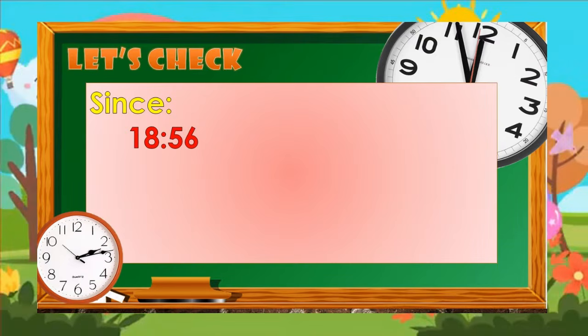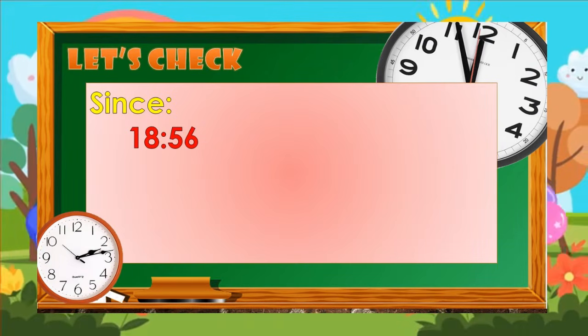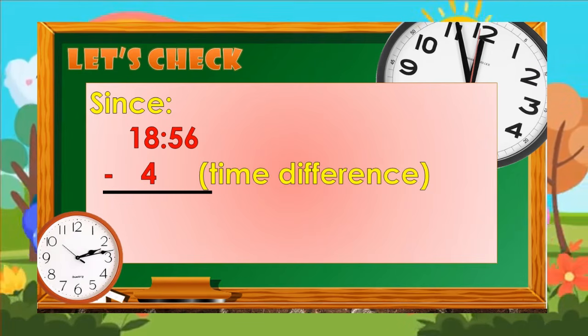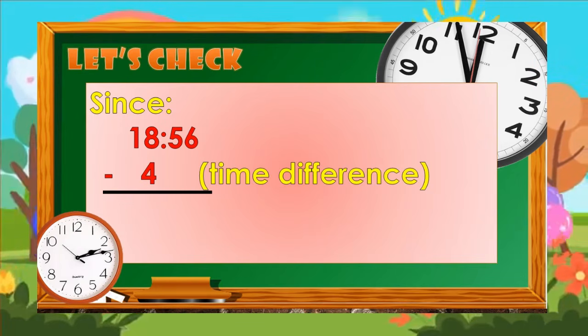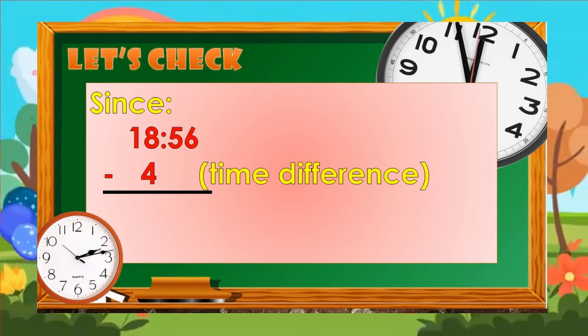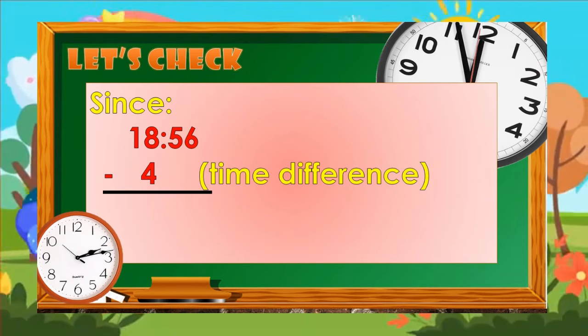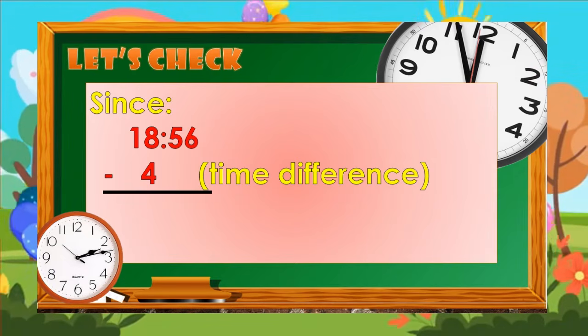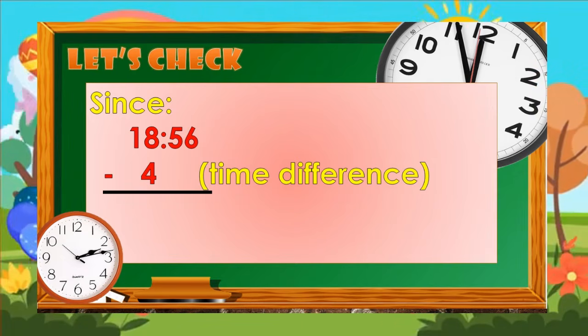Since 1856 is the Philippines time when John reached Saudi, we will subtract 4 hours because Saudi is behind the Philippines by 4 hours. And the question is, what time will John reach his destination? So we will subtract 4 from 1856.